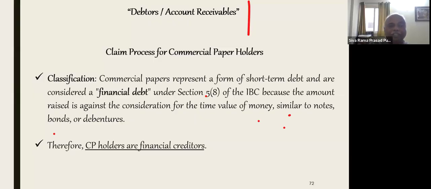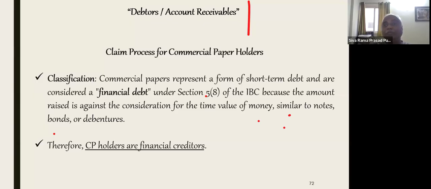Claim process of the commercial papers. What is the classification? Commercial paper represents a form of short-term debt, that's why I told 7 days to 1 year. It is considered a financial debt under Section 5(8) of the IBC, because the amount is raised against consideration of the time value, similar to notes, bonds or debentures.